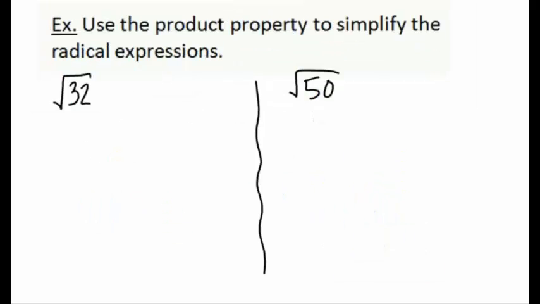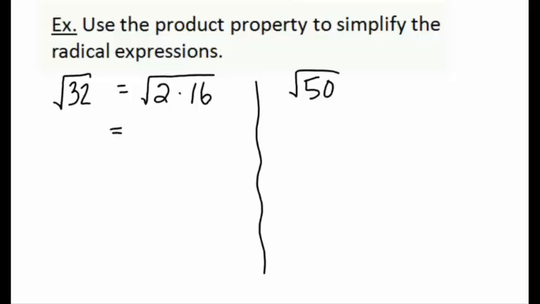So let's go back to those two radical expressions that we couldn't simplify before, but we knew were not in simplest form. And we're going to use the product property to simplify these radical expressions. So remember that 32 we could write as 2 times 16.